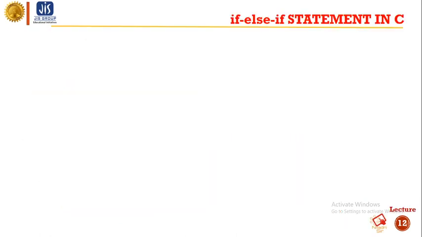So what is the if-else if statement? The if-else if ladder statement is an extension to the if-else statement. If there are multiple conditions in the program, then we will use the else if condition. In an if-else statement we have only one condition, that is within the if statement.